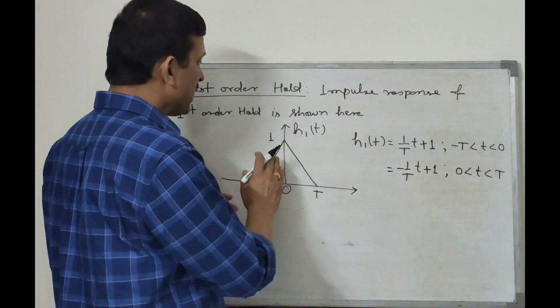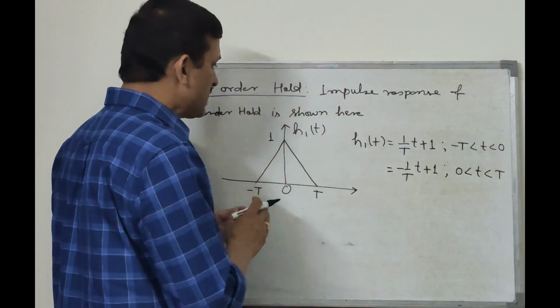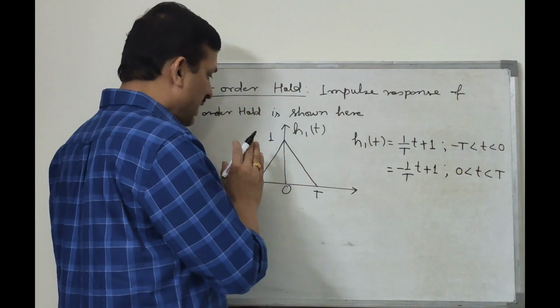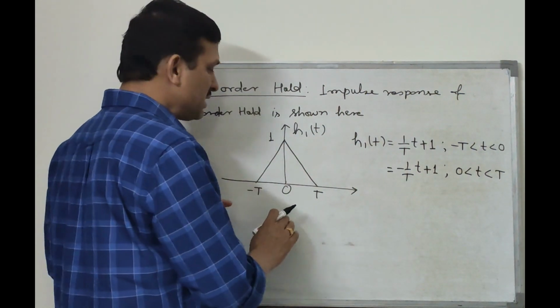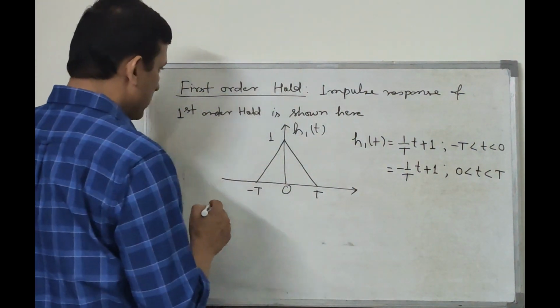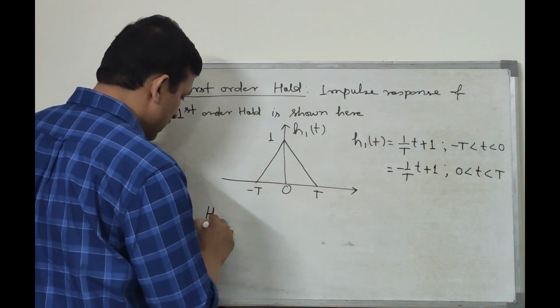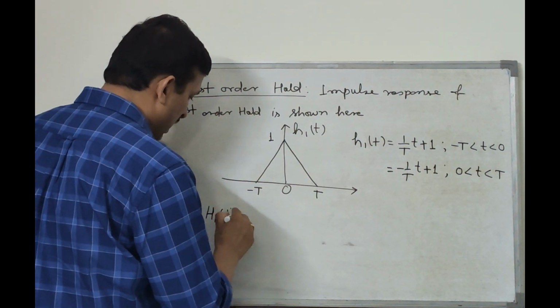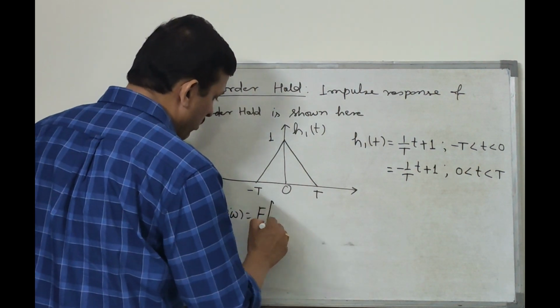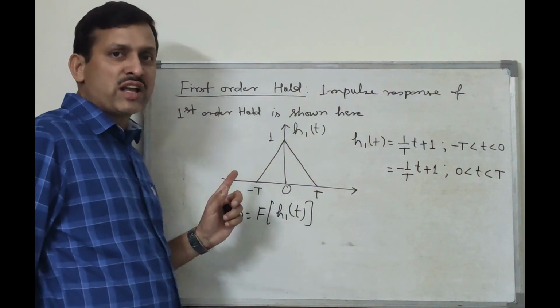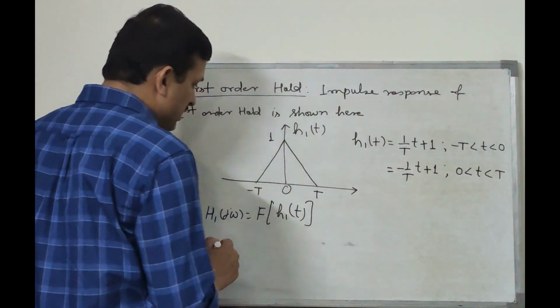Now we can find its Fourier transform. We have already used this Fourier transform in previous classes, but here we will calculate how that result comes out. H1(j omega), which is the Fourier transform of h1(t), we will calculate here.